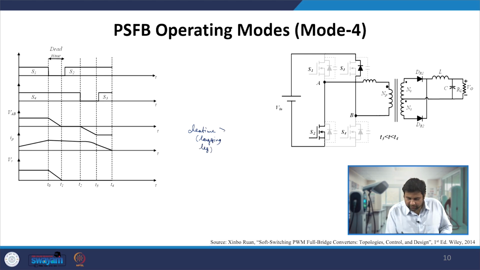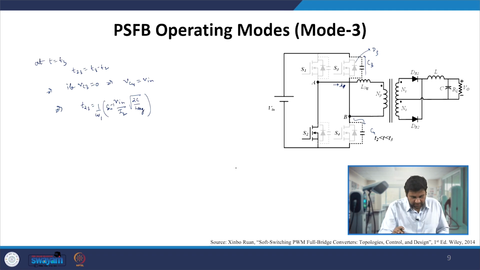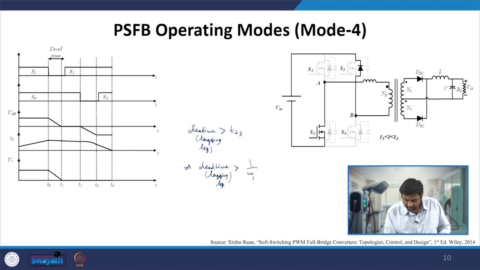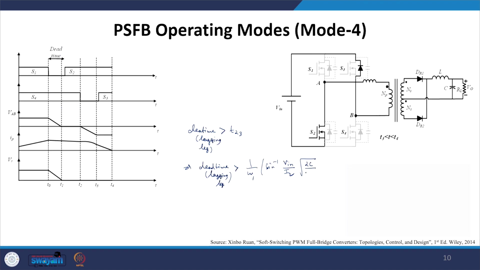If the dead time period of the lagging leg switches is greater than T23, that means the dead time of the lagging leg is greater than, if we recall, 1 by omega 1 times sine inverse of Vin by I2 times under root 2C by L leakage.